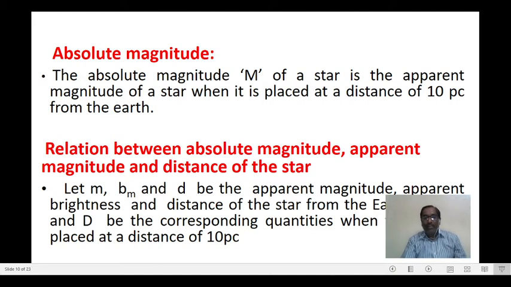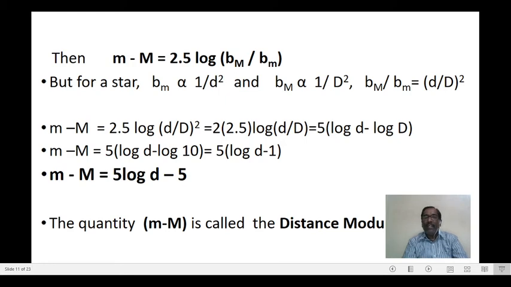Let small m, B, and d be the apparent magnitude, apparent brightness, and distance of the star from the Earth, and capital M, capital B, capital D be the corresponding quantities when the star is placed at a distance of 10 parsec. Then m minus M equals 2.5 log B_M by B_m.